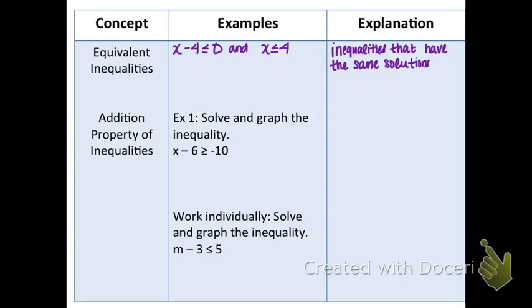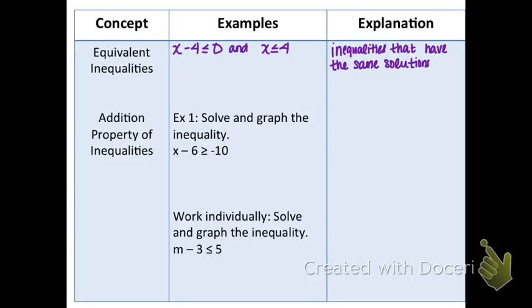And I'm going to go ahead and say that these two inequalities are equivalent inequalities. Like I said, that may not make the most sense right now, but I'm going to go over the first example and then we'll backtrack and talk about that.